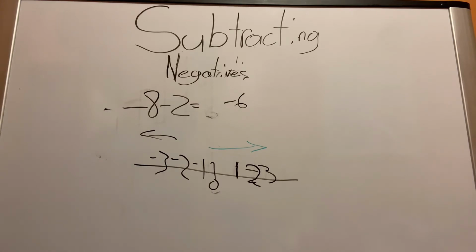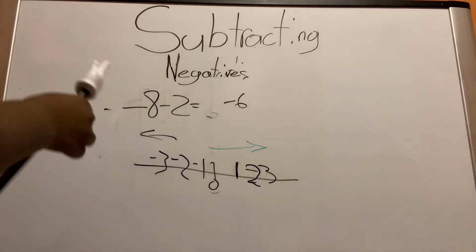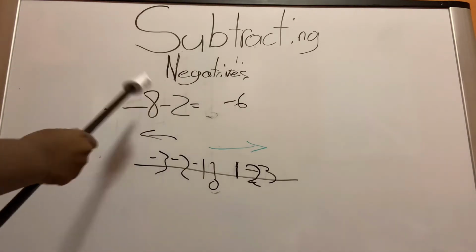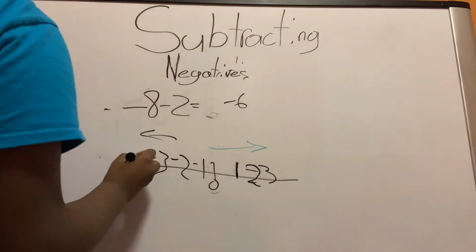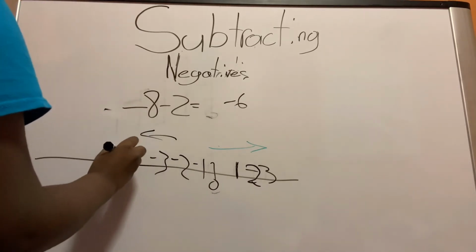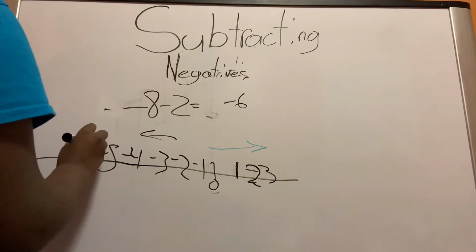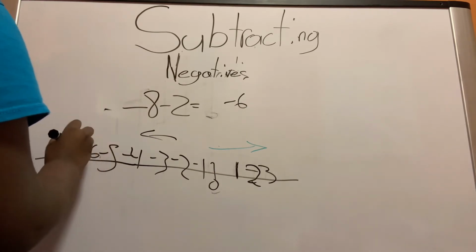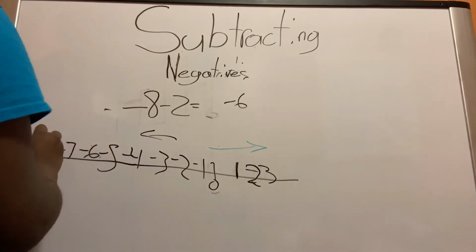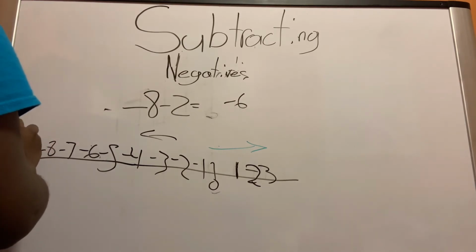So then, in this case, you have negative 8. Let me actually finish the number line. Negative 8, 5, 6, 7, 8, 9, 10.